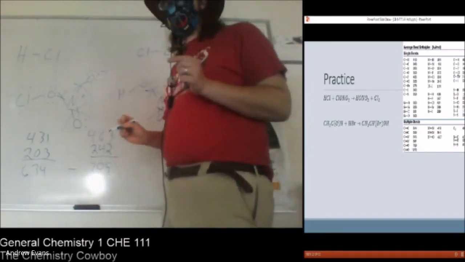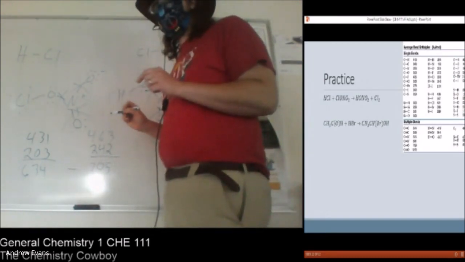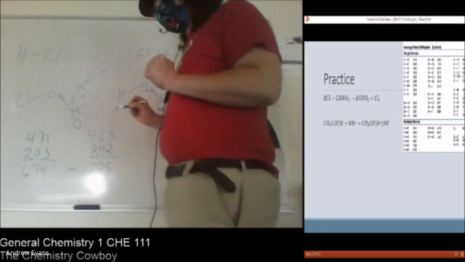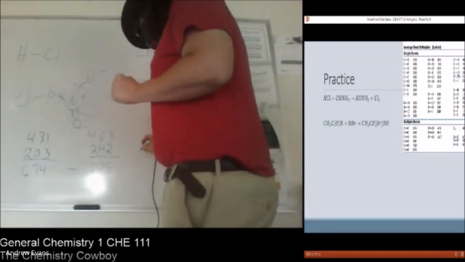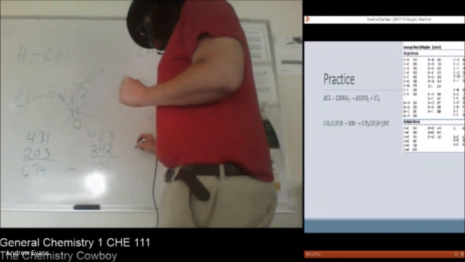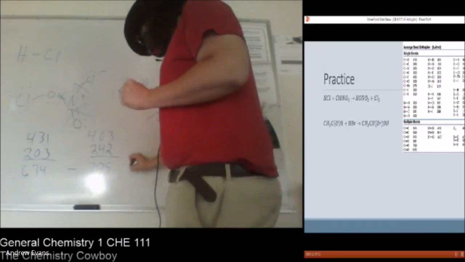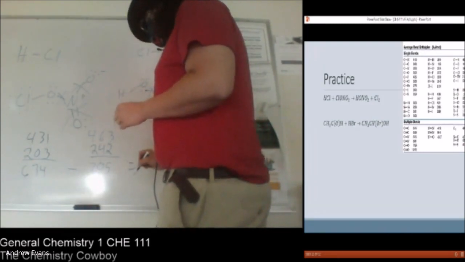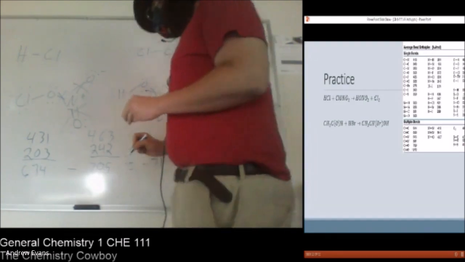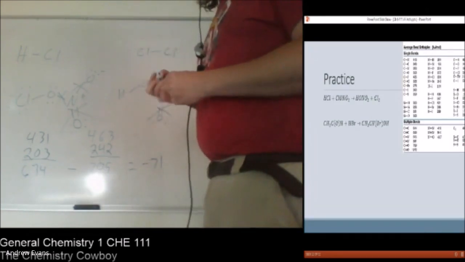So the difference between 634 and 705 is, like, negative 71, I think. Yeah, I think negative 71. So what does this say?